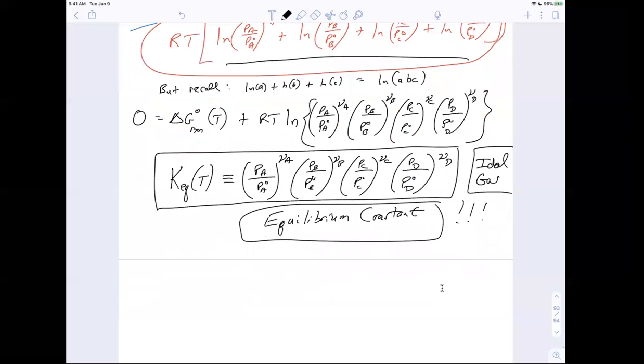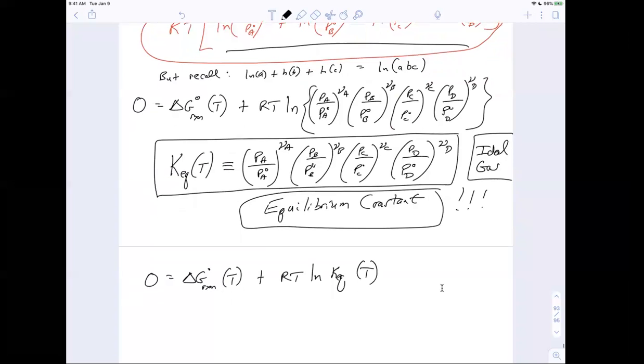So what we have so far then, if we go back to our chemical equilibrium criterion, 0 is equal to delta G superscript 0 of this reaction. That's that contribution from all of the species being in standard states and taking the difference of their standard state chemical potentials times the stoichiometric coefficients for each one, plus RT natural log K equilibrium of T. That's what this chemical equilibrium criterion comes down to.